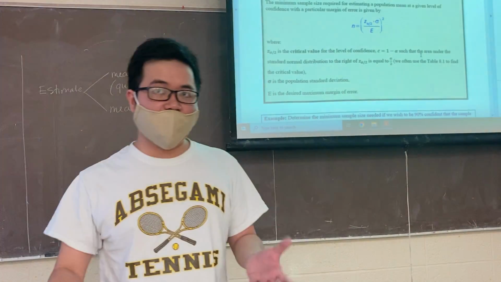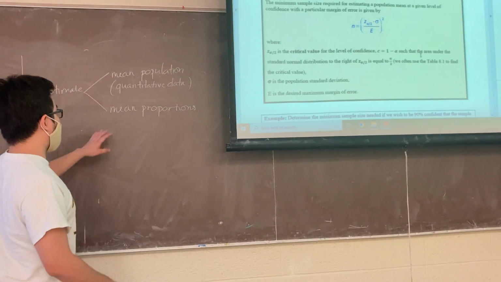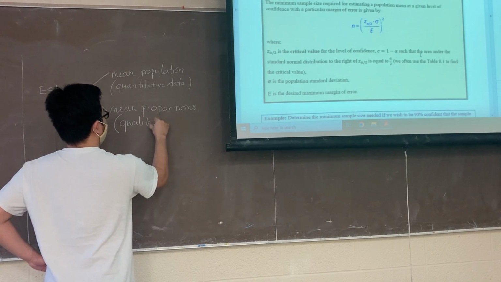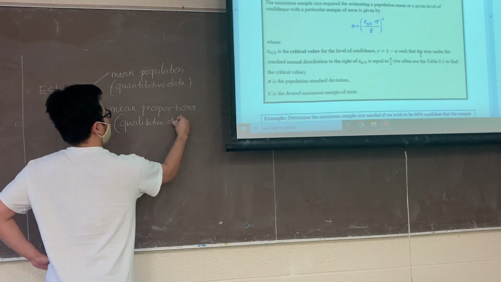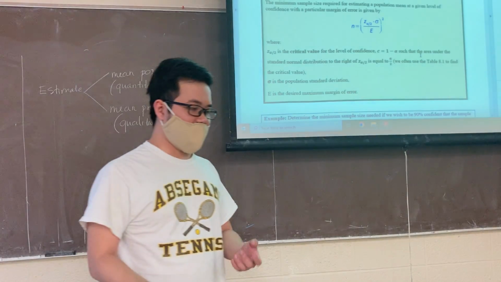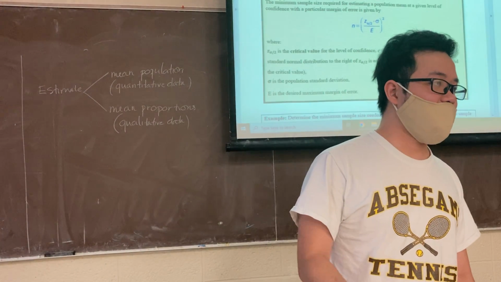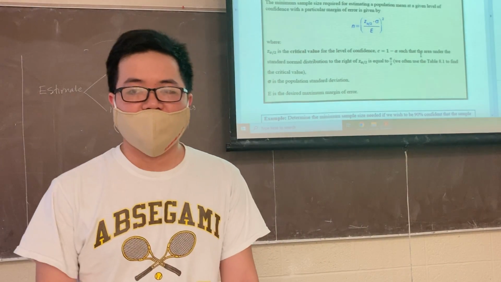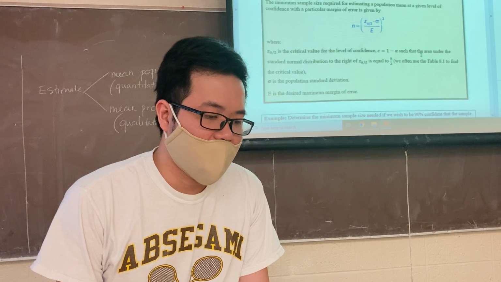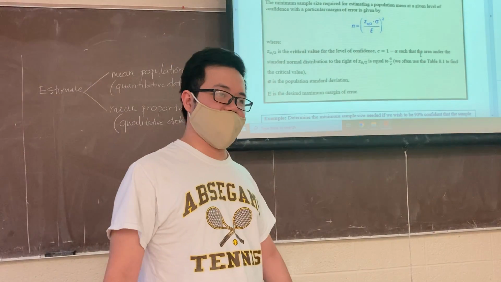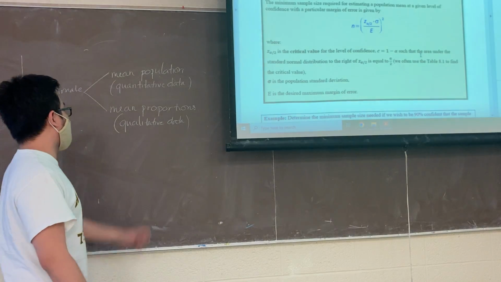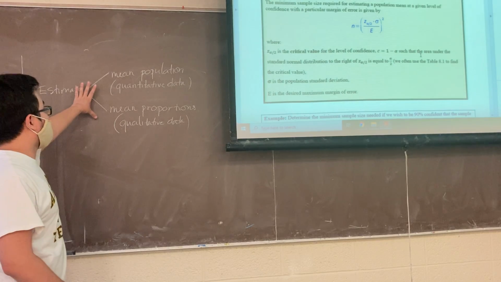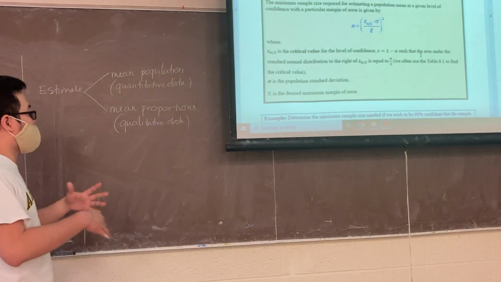That is quantitative data. And the proportion is used for qualitative data, like the percentage of students who use Facebook, Instagram, and TikTok. That's qualitative data. In this chapter, we focus on how to estimate these two things: the population mean and the population proportion.